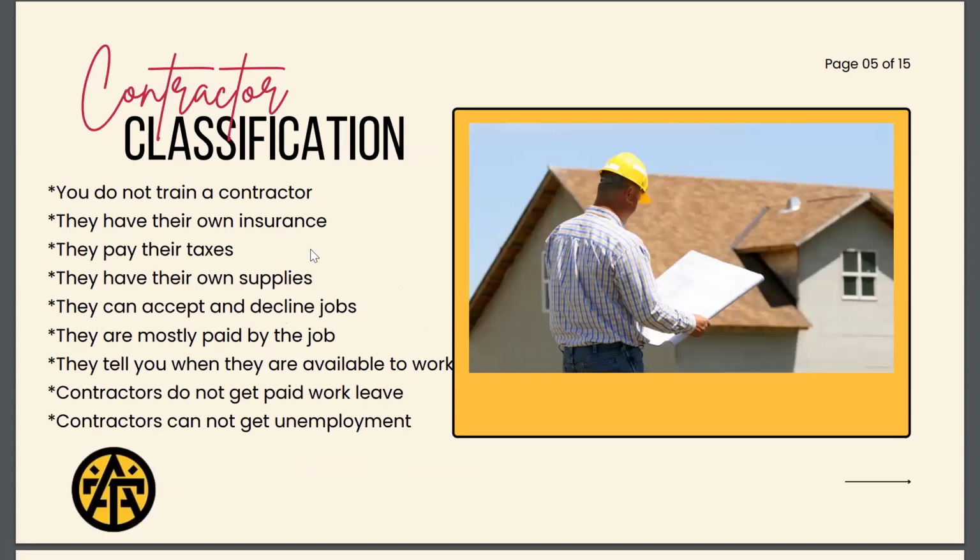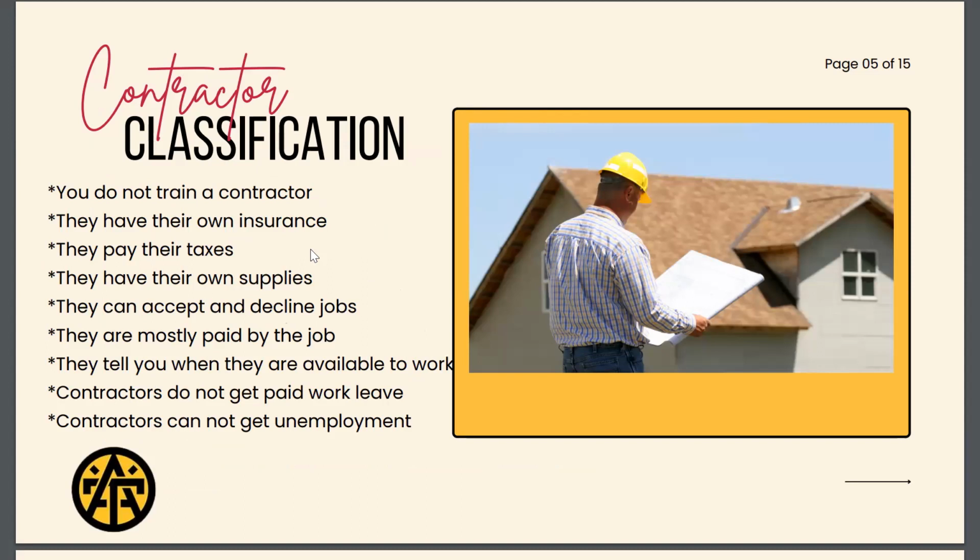Now, what classifies you as a contractor? You cannot train a contractor. Contractors have their own insurance, so they're not going to be using your insurance. They also pay their own taxes. They also have their own supplies. They can accept and decline jobs. They are mostly paid by the job.